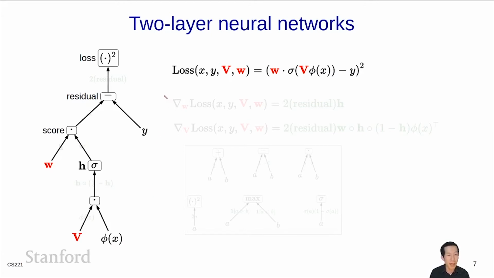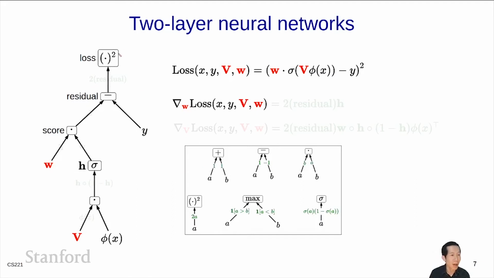Now, to perform stochastic gradient descent, we need to compute the gradient with respect to both W and V. Okay, so let's compute the gradient of the loss with respect to W. What I'm going to do is look at the edges and compute the gradients. Okay, so here's our cheat sheet. What goes on this edge? What's the gradient of the square?